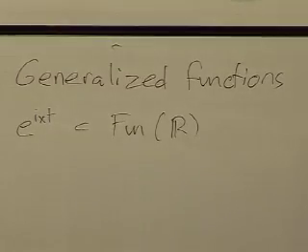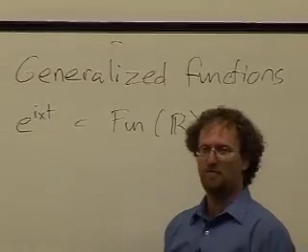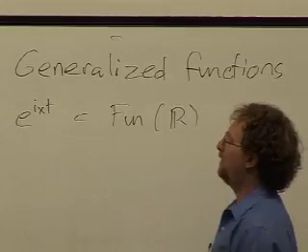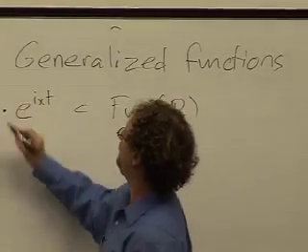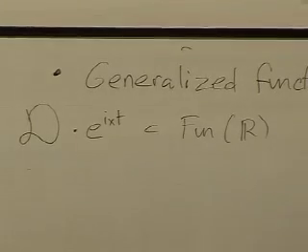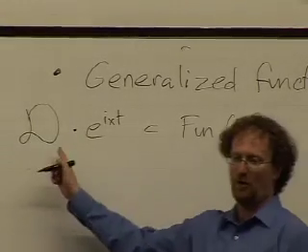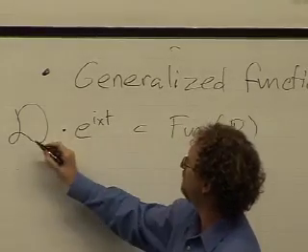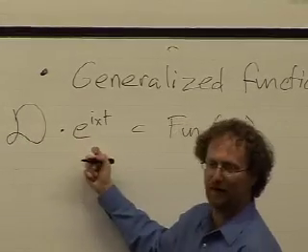I say, well, it itself is not, but I'm allowed to multiply it by polynomial functions or polynomial vector fields. So I'm going to take e to the ixt and multiply it by differential operators. D, for me, always means algebraic differential operators. So you look at e to the ixt and all algebraic differential operators applied to it.